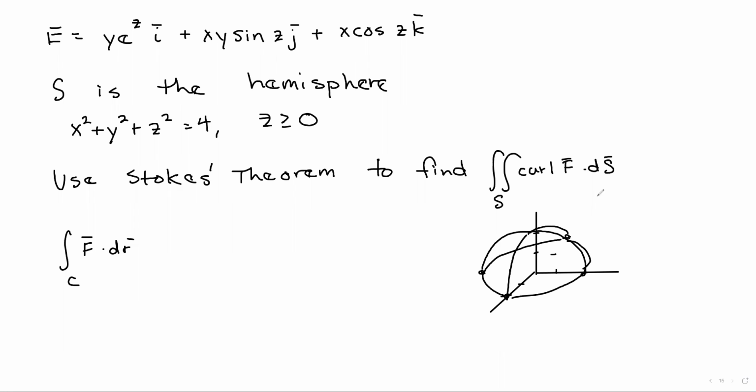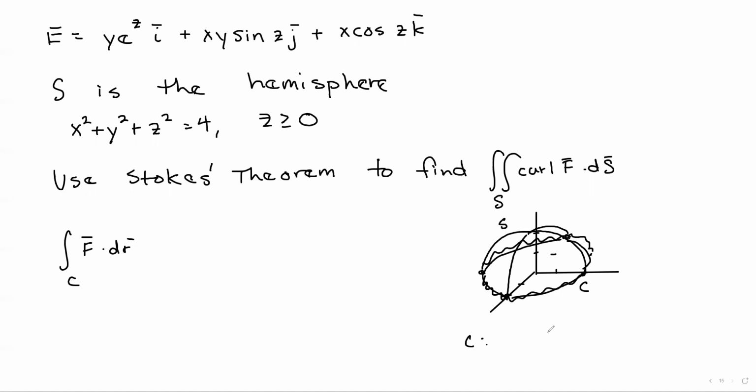Looks like that. Z greater than or equal to 0, top half. So that's going to be our surface. Here's our curve that surrounds the surface. So this is going to be the curve. We need to parameterize that.